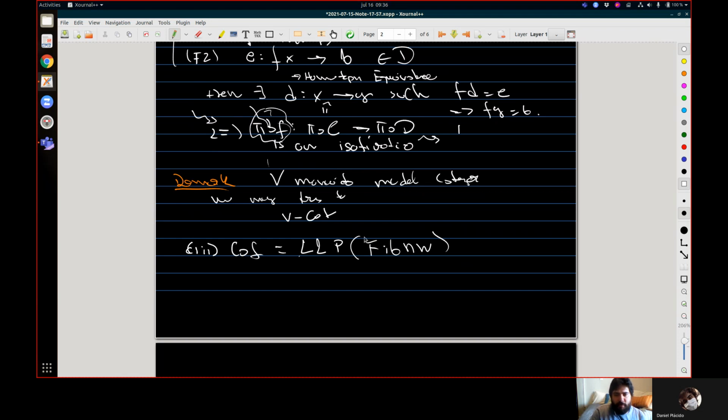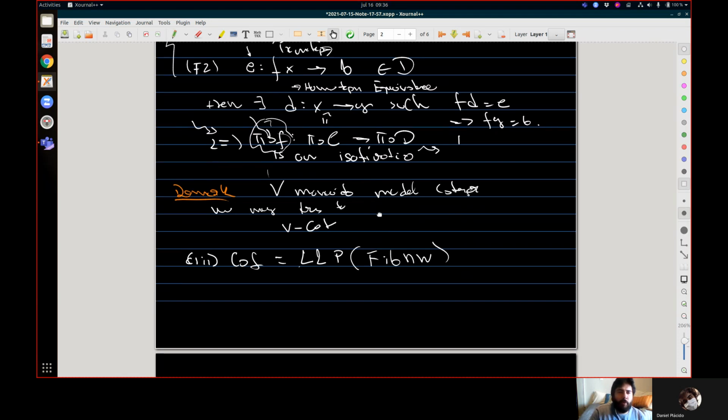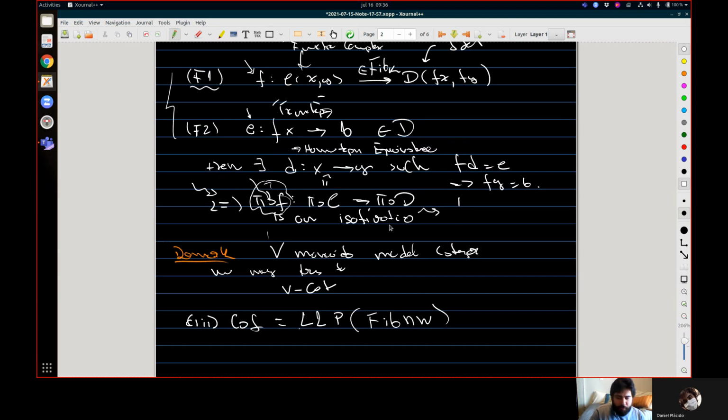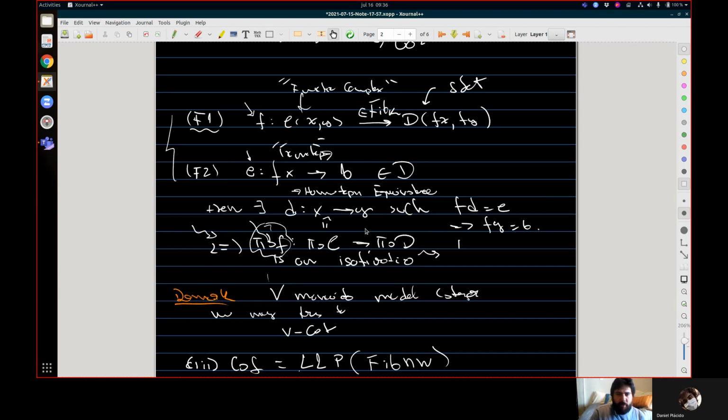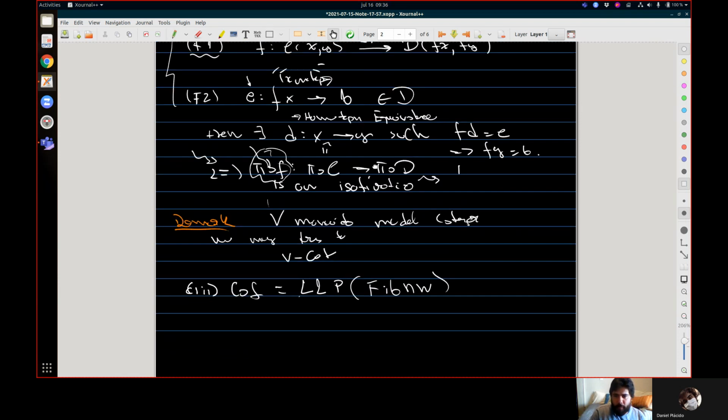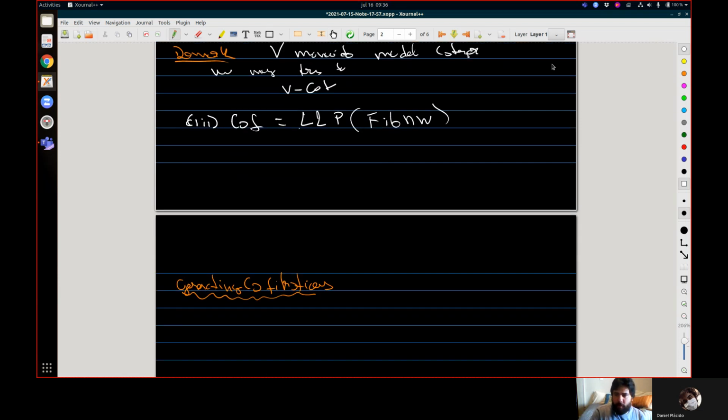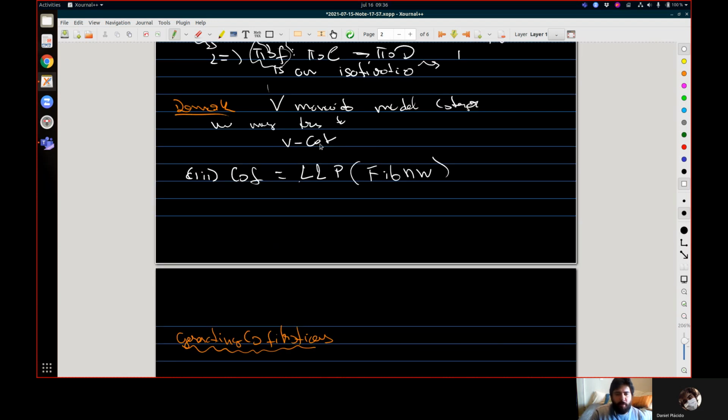That is to say, the maps that are fibrations and that are weak equivalences. So, okay, here we have a model structure.